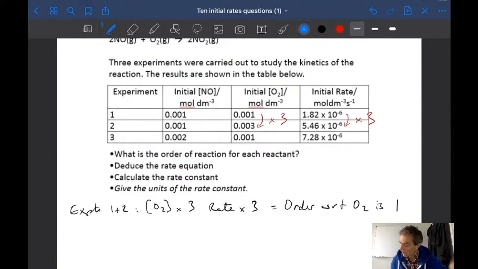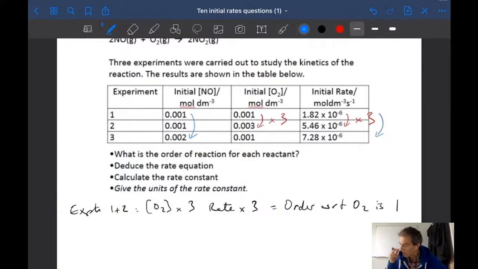So to get the order with respect to NO, if we use experiments 1 and 3 now, you can see that the O2 concentration is held at 0.001. So the increase in the NO concentration is going to be affecting the rate, but the O2 is staying the same, so it's not having any effect on the rate. So what is that factor increase?